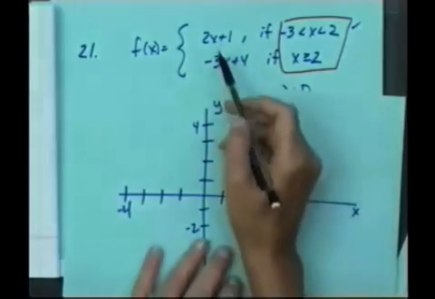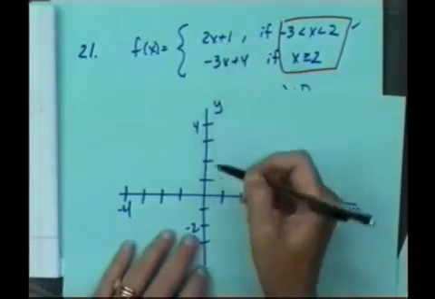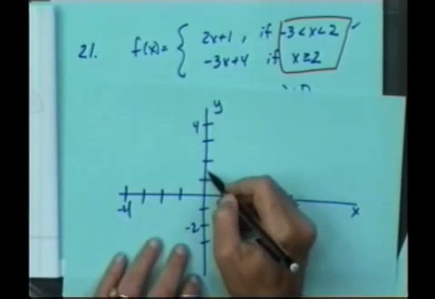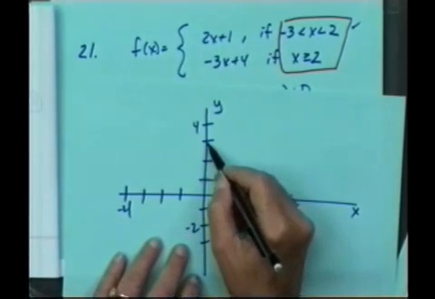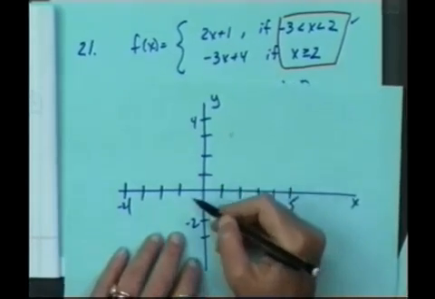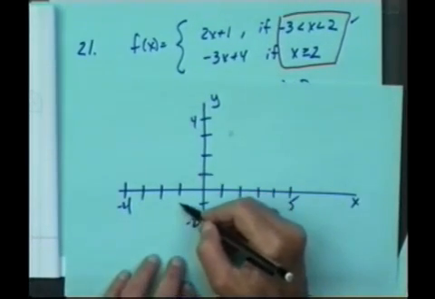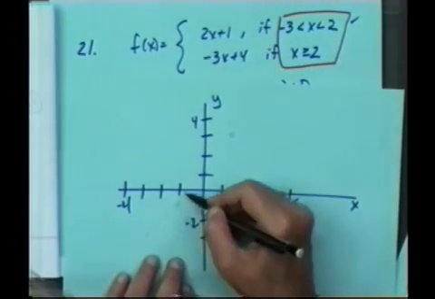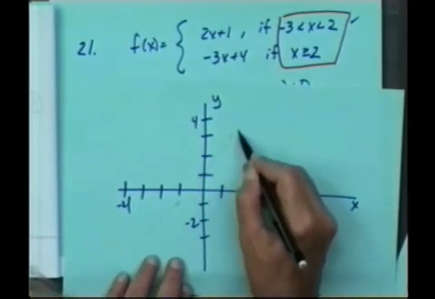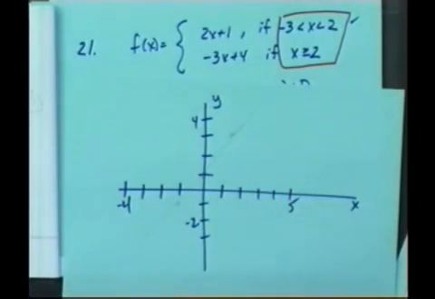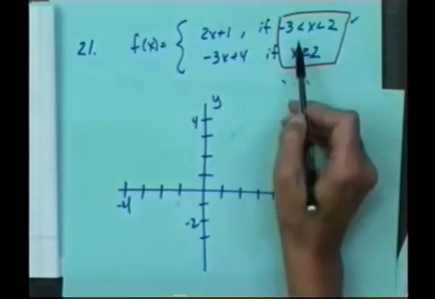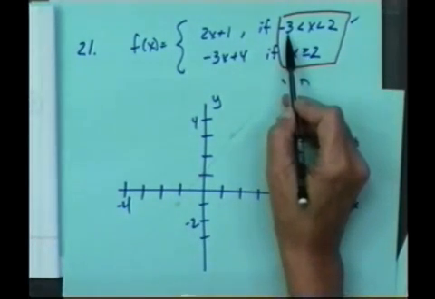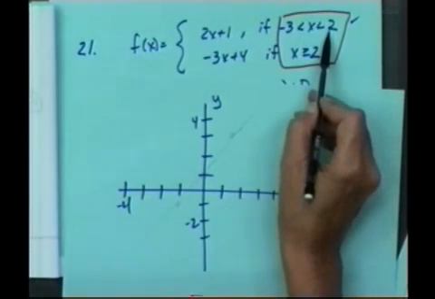All right, if we graph y equals 2x plus 1, the y-intercept is 1, slope is 2, so we go up 2 over 1, or down 2 over negative 1. But it said you better only keep the part between negative 3 and 2.